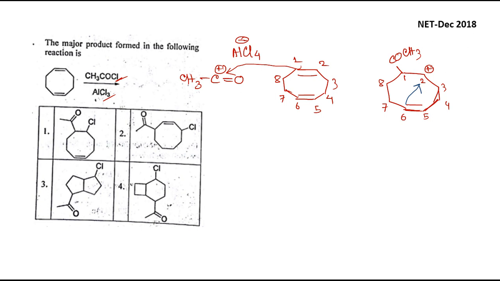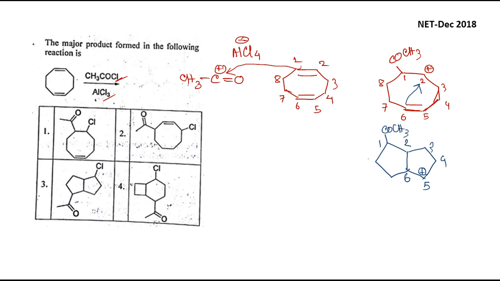So it is a 6-4 combination versus a 5-5 combination, and 5-5 is better. That is why the 2-6 bond will be formed. Once it is formed, there will be a 5-membered ring on both sides. So this is 2, this is 6, then 3, 4, 5. At the 5 position there will be a positive charge, and at the 1 position we have the COCH3 group.